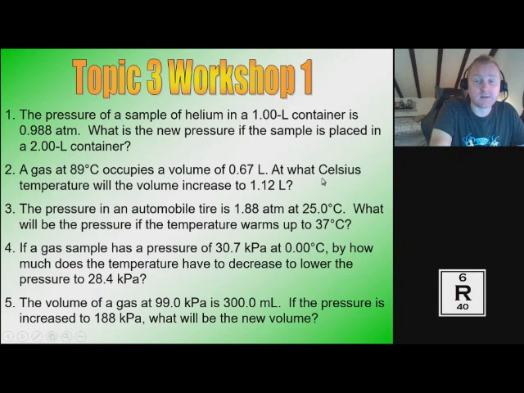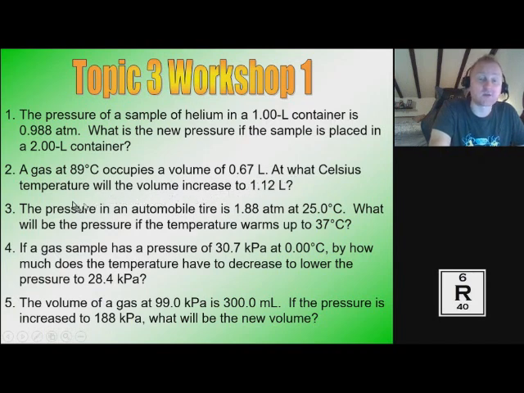Don't forget that you have to answer in Kelvin, not Celsius. So you'll have to convert out of Celsius into Kelvin. But if I have the question in Celsius and I want to know what the new temperature is, you need to tell me in Celsius. So you have to convert this 89 into Kelvin and then solve it, and you're going to have your answer in Kelvin.